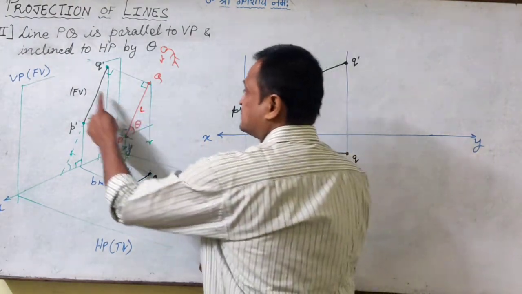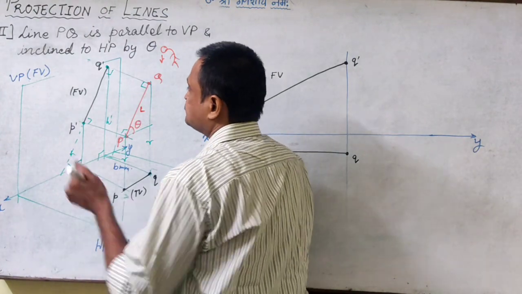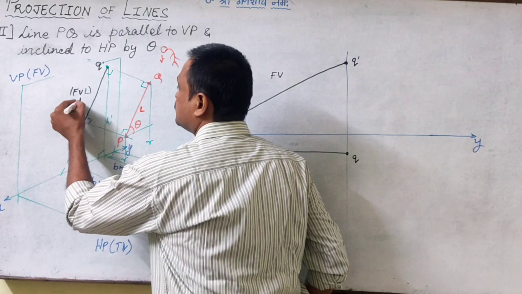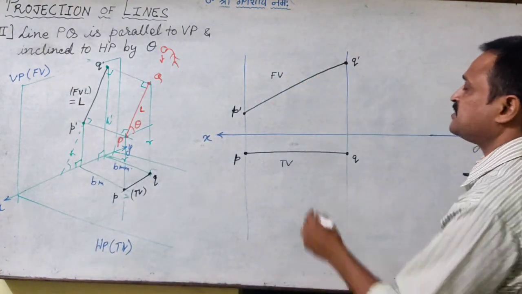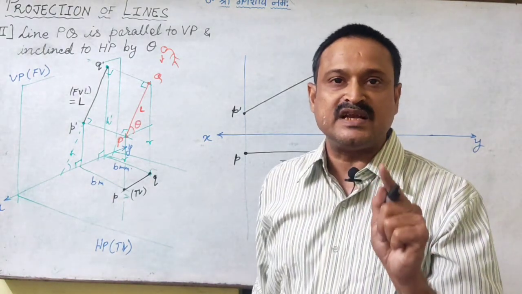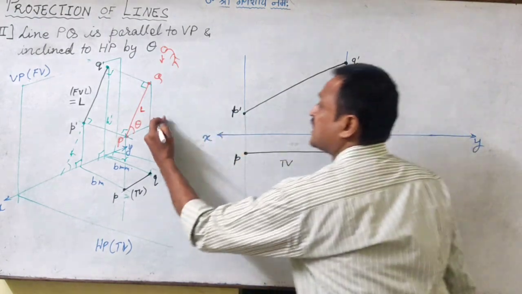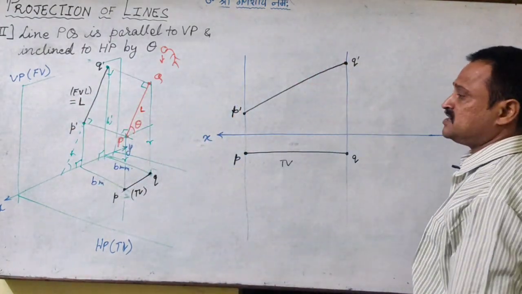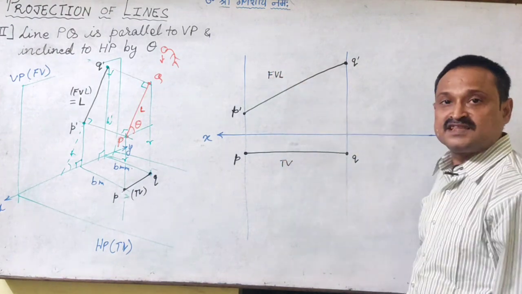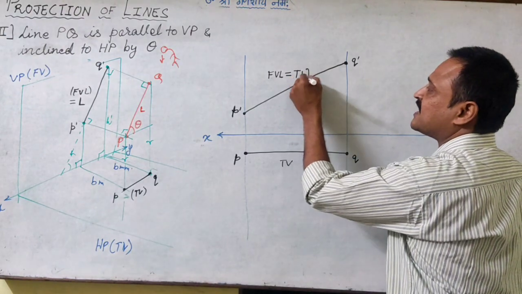So if this is L, that means the front view length is also equal to L. L is the true length of the line. So when the line is parallel to VP, we are getting the front view length of the line equal to the true length of the line.